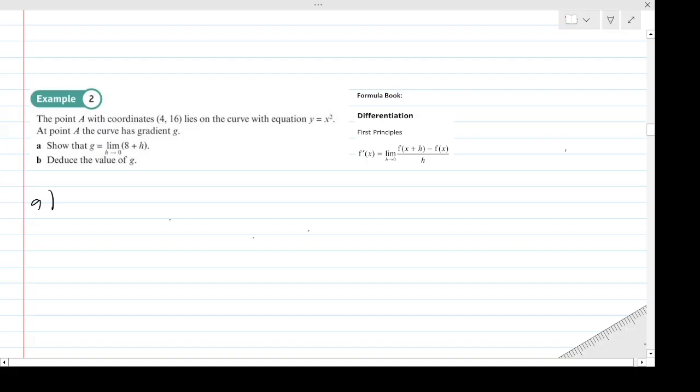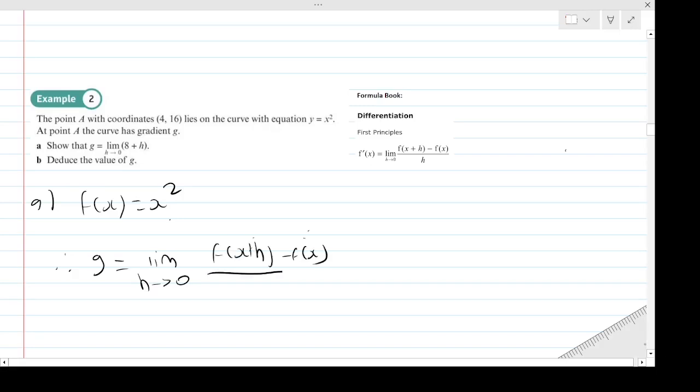The gradient g: originally y is equal to x squared, that'll also be f of x equals x squared. And so the gradient g is this formula here. It's the limit as h tends to 0 of f of x plus h minus f of x over h.